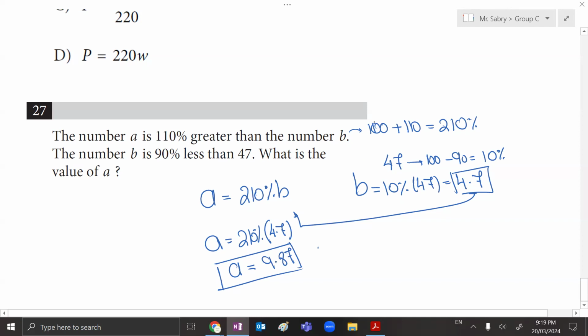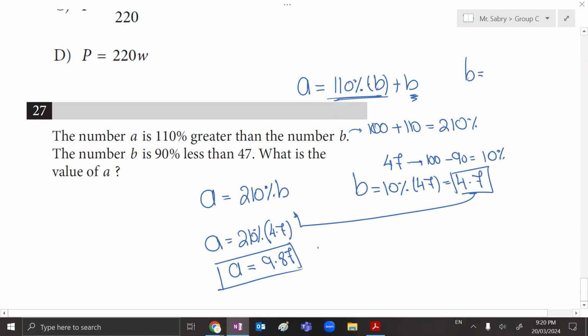Understood. Look, let's quickly go through what happened. A is 110% greater than the number B. So A, whatever it is, equals B plus 110% of B, meaning I add to B 110% of itself. So that's the first sentence. The second sentence is that B is 90% less than 47.